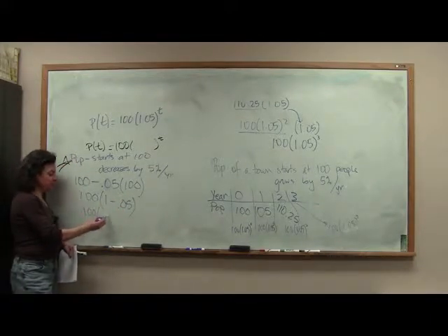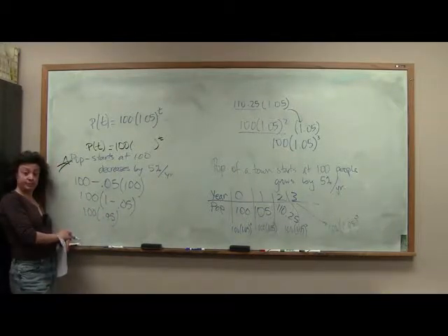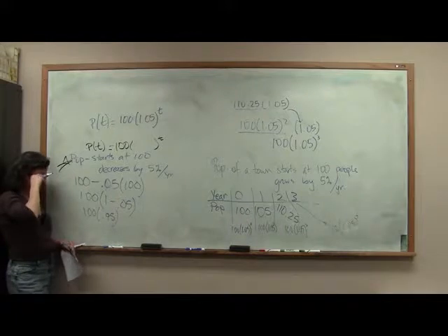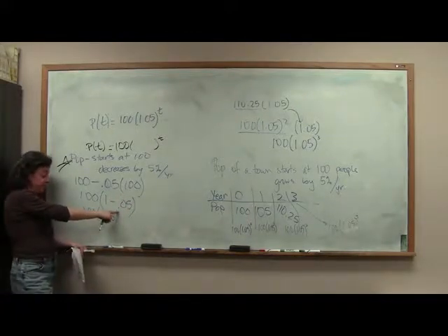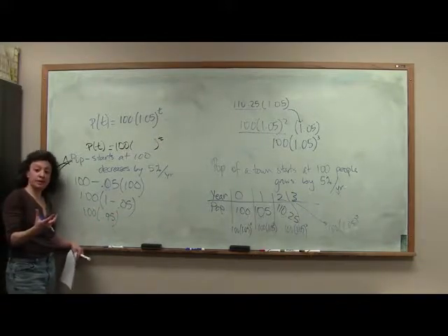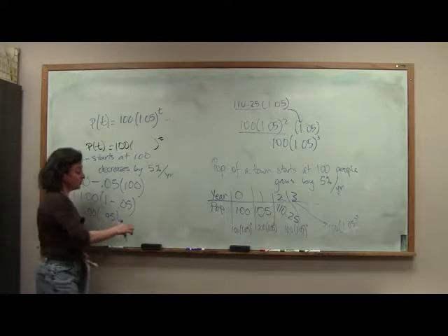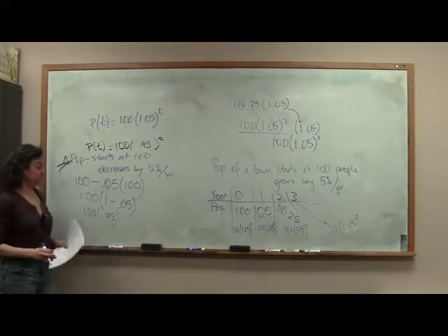Do you agree that's 100 times 0.95? Okay? And you will see as we build it up, after the next year, it'll be 100 times 0.95 squared. So, what's going to go in here is 0.95 to the t.